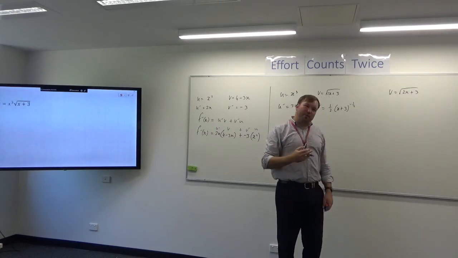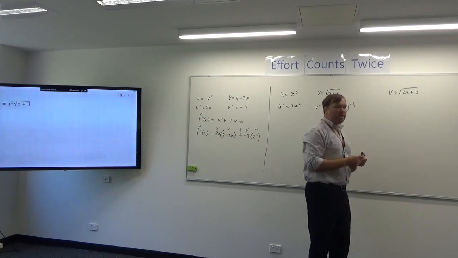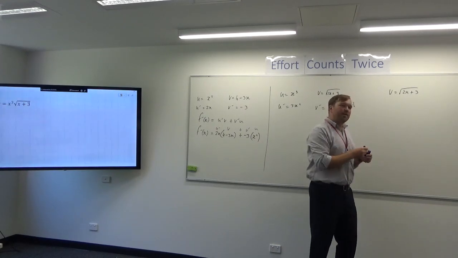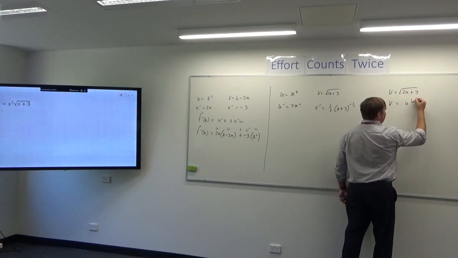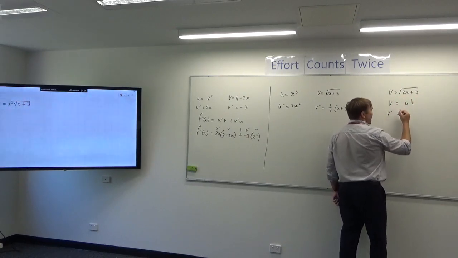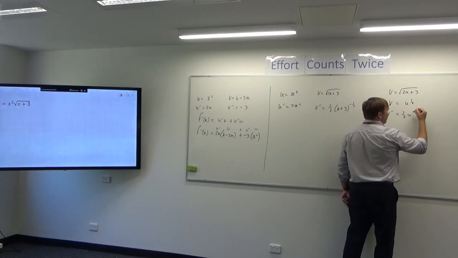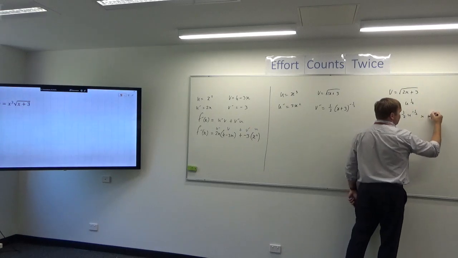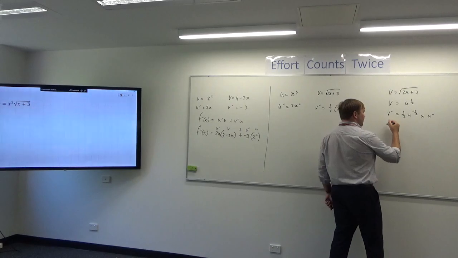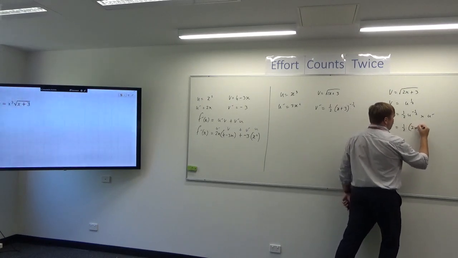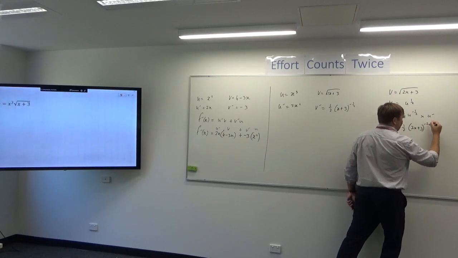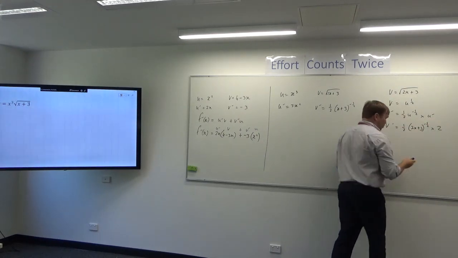And therefore to differentiate this, we use the chain rule. Because this is really, v is really equal to u to a half, therefore v dash would be a half u to the minus a half times u dash, which is a half 2x plus 3 to the minus a half multiplied by 2.